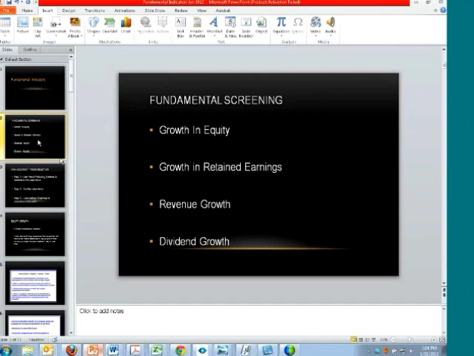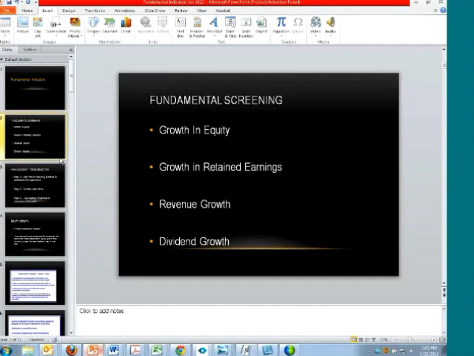I like to combine that with our fundamental indicators. And I use several fundamental indicators in conjunction with the technical indicators to help select stocks or companies with the best profit opportunities. And this has been working real well for us, as you'll see. So as far as fundamental screening, over the years, I like to look at the growth in equity for a company.